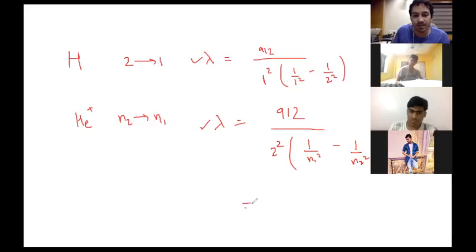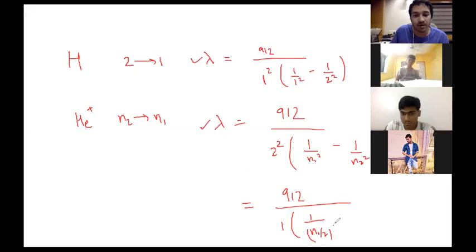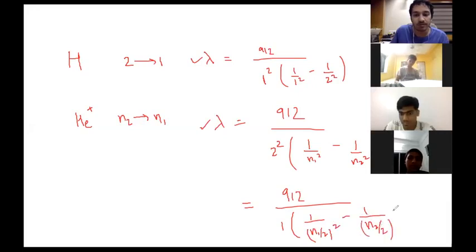Pay attention. I will take this 2 square inside the bracket and in the denominator. So this expression on the right, I can write as 912 upon, 1 बाहर रह गया, 1 by N1 by 2 whole square minus 1 upon N2 by 2 whole square.